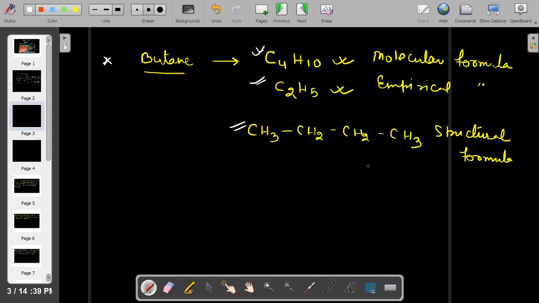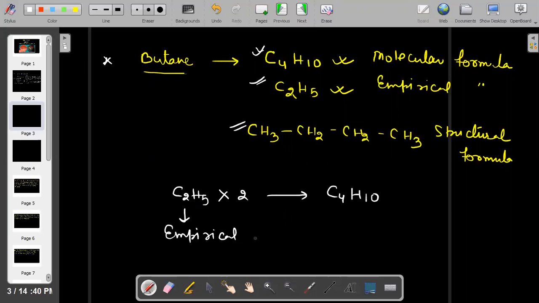Now the question here is, what is the relation between empirical and molecular formula? Look at it, when we write C2H5 and multiply it by 2, we get C4H10. This is the empirical formula. Always remember, this is the empirical formula.